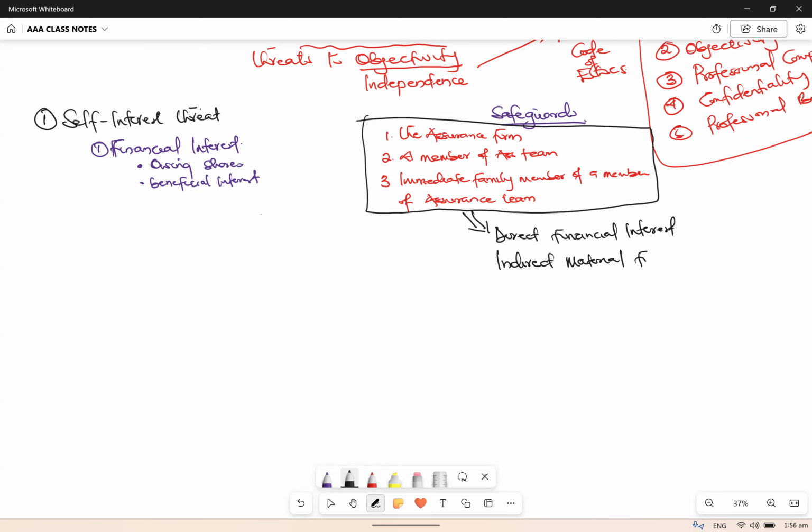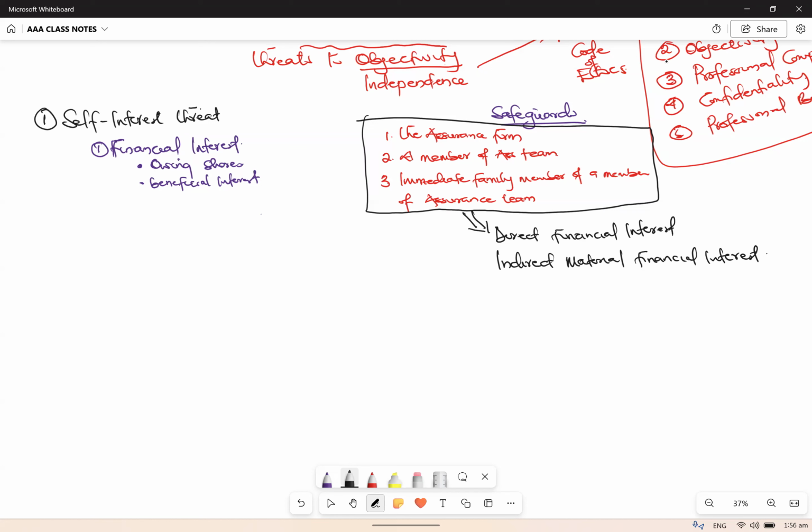So there is discretion here. They should not have direct financial material interest or indirect financial material interest.